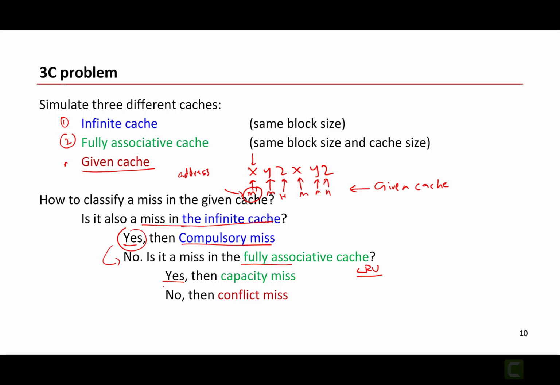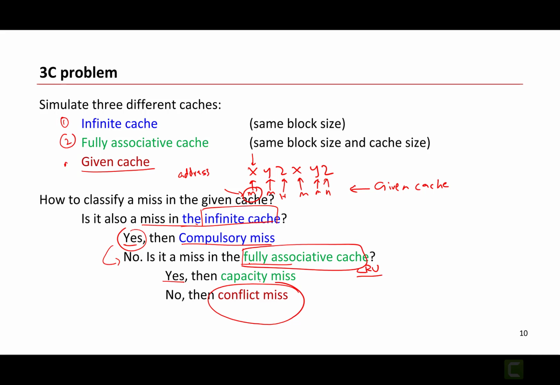All right, so now let's say you found out that the miss in the given cache is not a miss in the infinite cache, and not a miss in the fully associative cache. Then you're left with only one choice, which is the conflict miss. Because it tells you that it's not a capacity miss, since it was actually a hit in the fully associative cache.